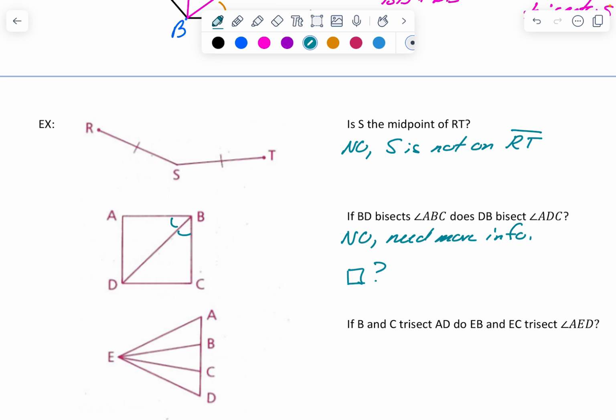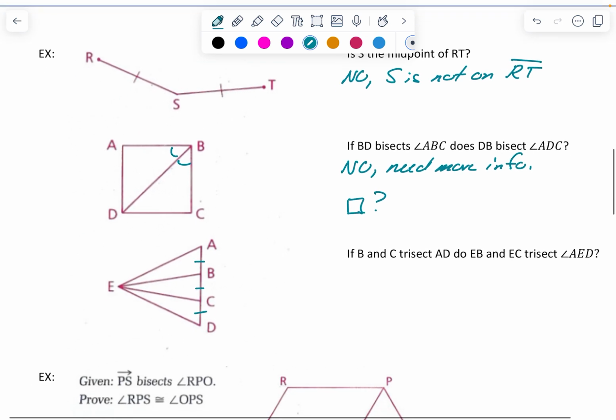All right, now let's see. If B and C trisect AD, okay, so we got this situation. Do EB and EC trisect AED? So again, it looks like it might from the picture, but we can't go just from the picture.